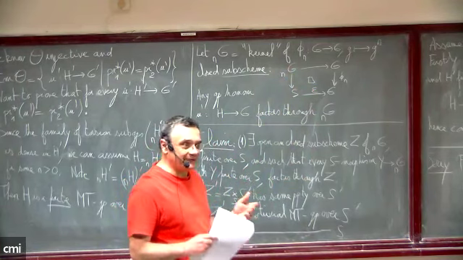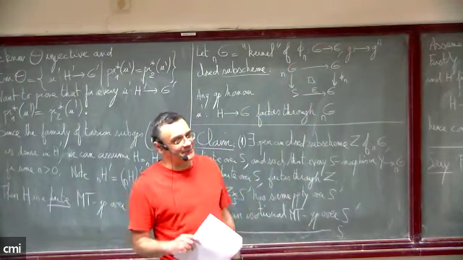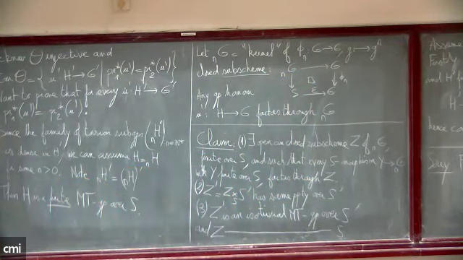The kernel behaves well because it's a fiber product, so it commutes with base change. Okay, so we are going to use flatness later.